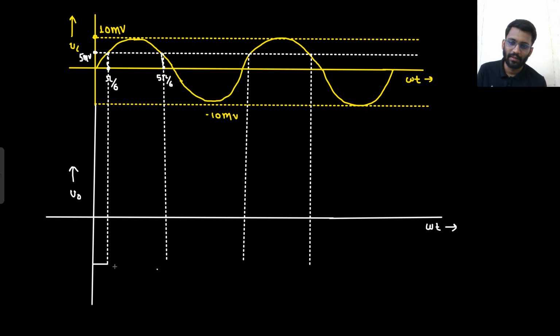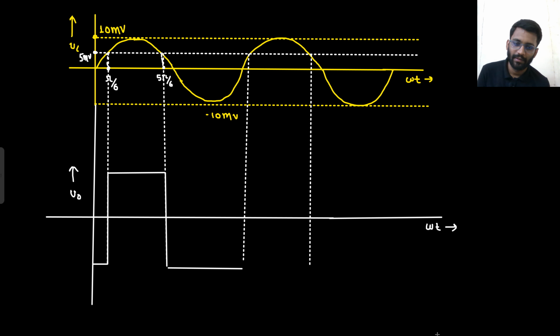Then you will get plus V set for this much range, because between pi by 6 to 5 pi by 6 your input is greater than 5 millivolt. Now again you will get minus V set for this much of range.